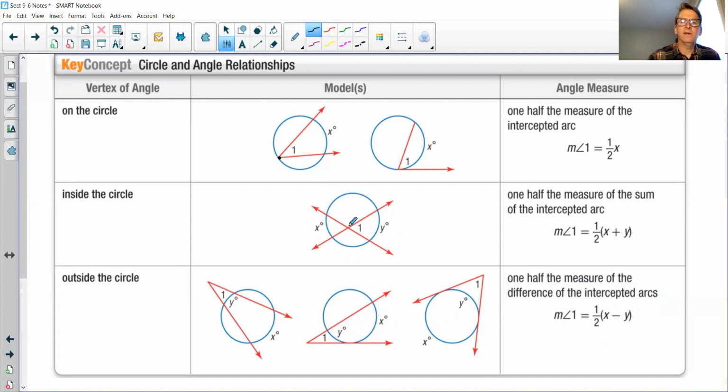This is inside the circle, and this is outside of the circle. Okay, so on the circle, inside the circle, outside the circle. And that little chart there for circle and angle relationships kind of sums up what we've been doing lately here in the last few sections.